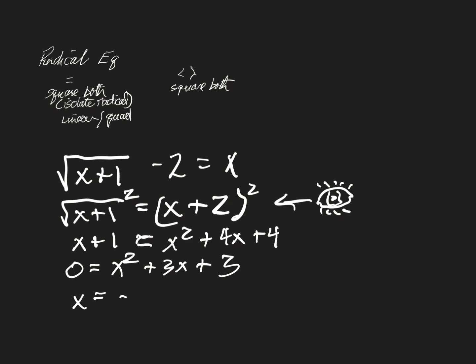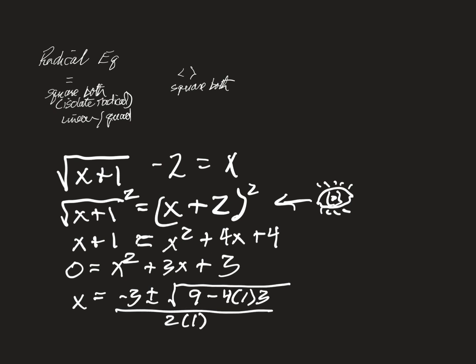X equals negative 3 plus or minus the square root of b squared minus 4 times 1 times 3, over 2 times a, 2 times 1. And what we see under this radical is that our discriminant is 9 minus 12, which is negative 3. So this gives us negative 3 plus or minus the square root of negative 3 over 2.